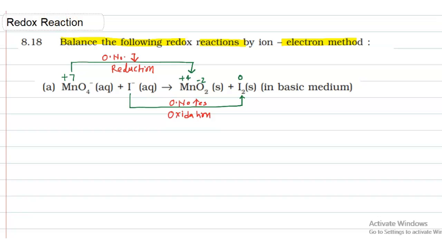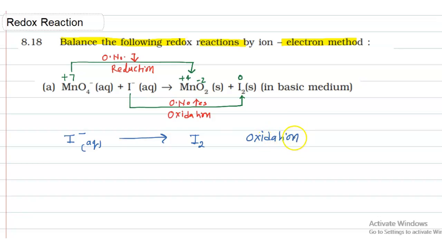Now the next step is to break this oxidation and reduction reaction into two parts. First I write the oxidation reaction: I minus gives I2. This is the oxidation, right?